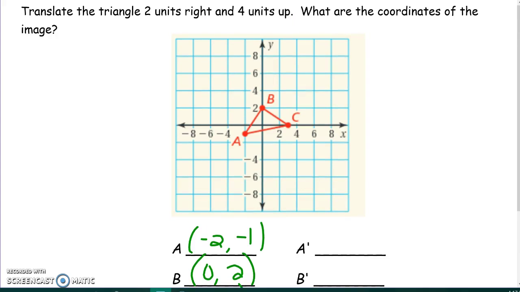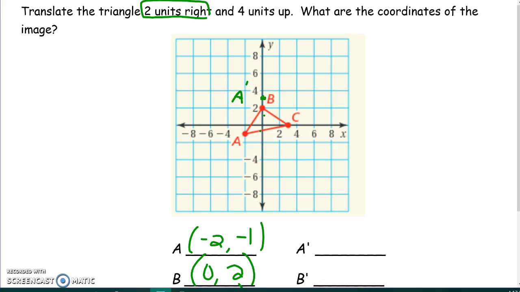Okay, so to translate the triangle 2 units to the right and 4 units up, I'll start at point A and go over 2 units to the right. Remember, 2 units right, given that this is counting by 2's, just means to go over basically 1. And 4 units up means to go up 2. So up 1, up 2. So that would be point A prime.